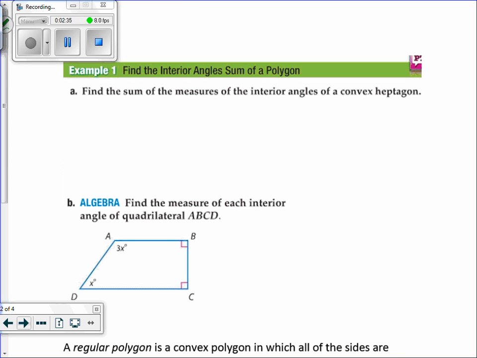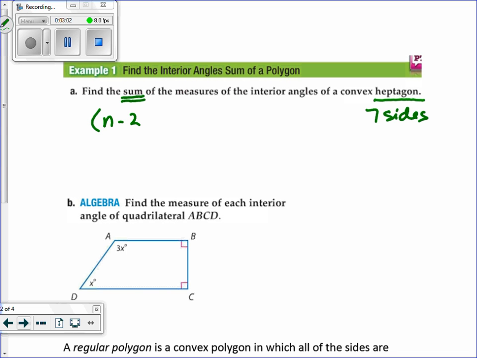In example 1, find the interior angle sum of a polygon. It says find the sum of the measures of the interior angles, so sum again, we need that sum theorem, of a convex heptagon. I don't actually have to draw the heptagon, I just have to know how many sides it has. And a heptagon has 7 sides. I also need my formula for the sum of the measures of the interior angles.